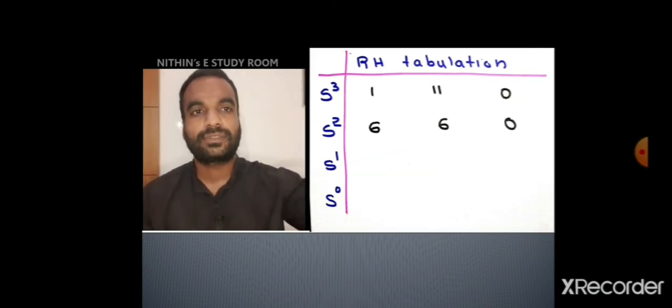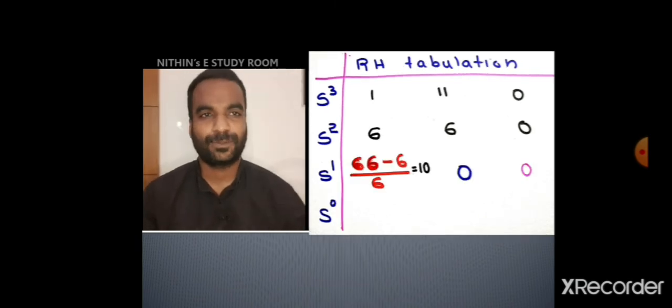Now, what about the second element in this row? You have to do 6 into 0 minus 1 into 0, all divided by 6. Anyhow, it will be 0. And the third element, we know it will become 0. If you want to check, anyhow it will become 0.